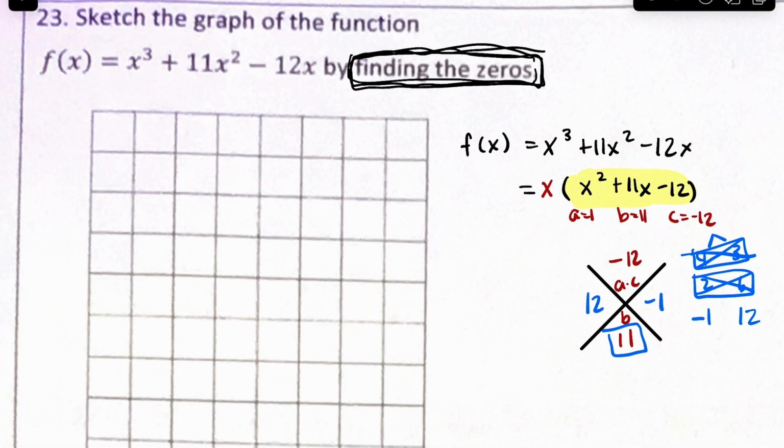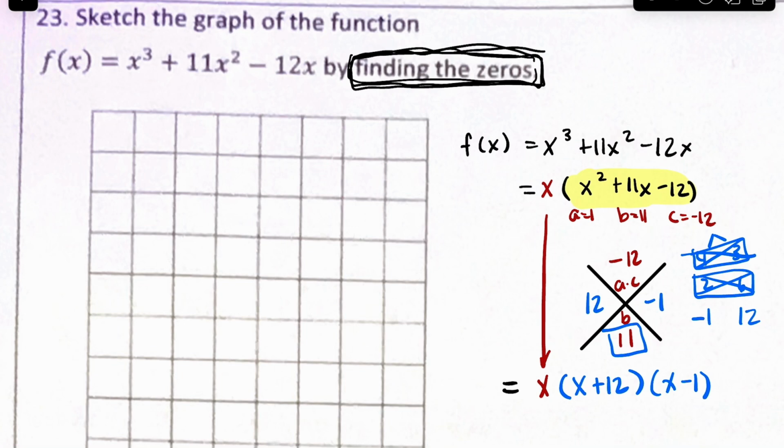So our factors would be 12 and negative 1. So then we write that down here. We're now going to replace our quadratic expression with factors. So x plus 12, x minus 1. But don't forget the x here. It's still part of our factors.